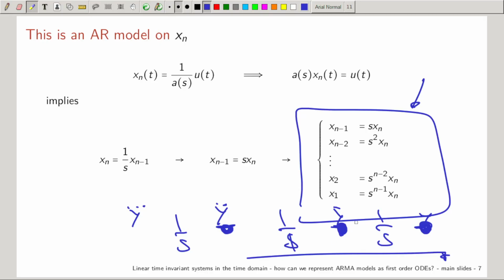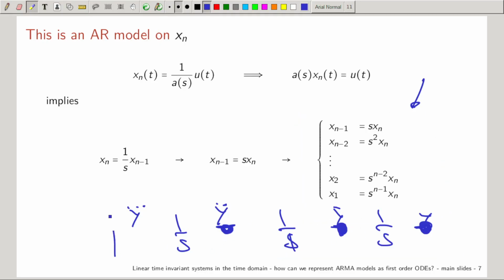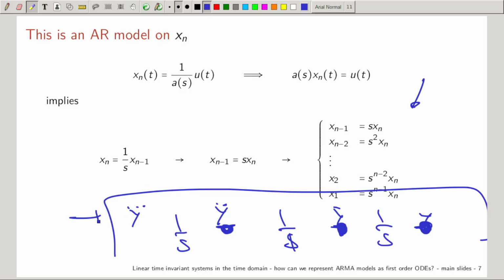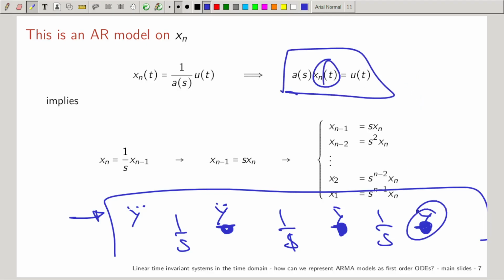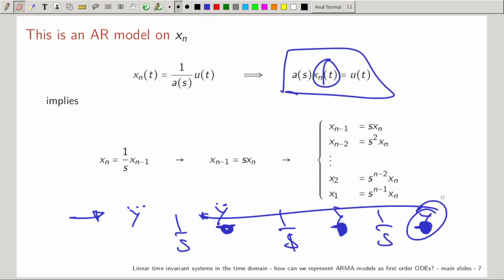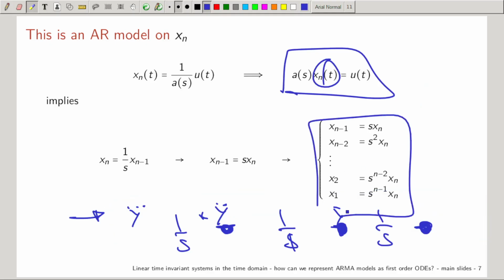Okay, once you have this, I should have put this graph here. If I was putting this graph here, this would be very, very much clear. You see, this drawing is clear. True? 1, 2, 3. This drawing is clear. True? Perfect. Whenever I write this stuff here, I am defining the last element. That means that I can trace back all the various states by opportunely multiplying times s or s minus 1.